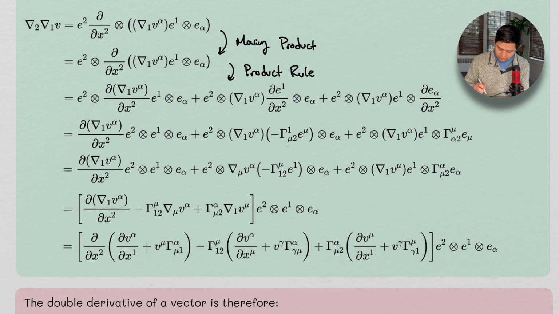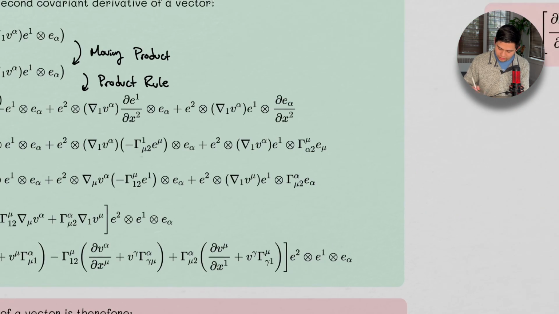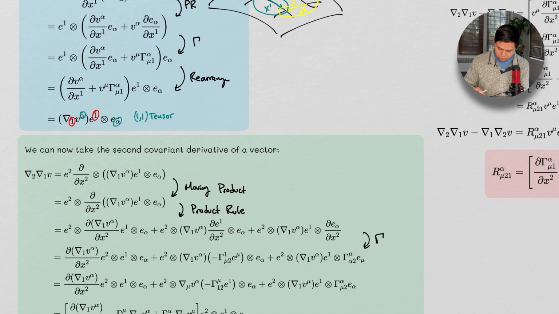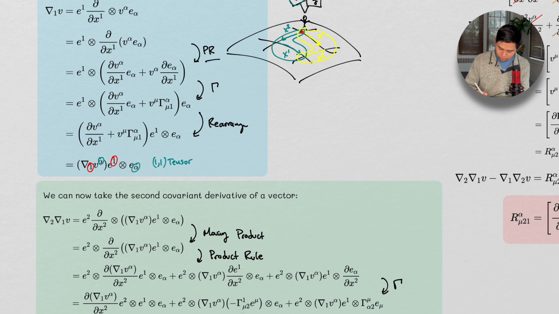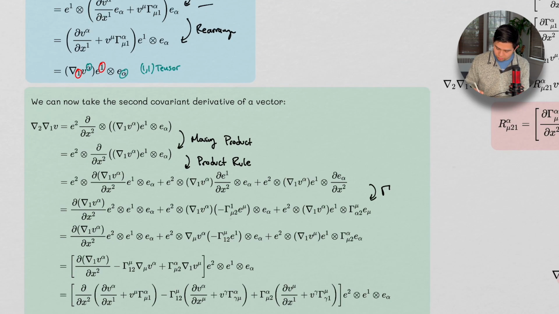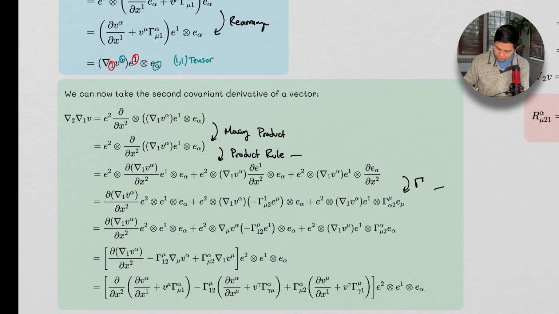All right, and then from the product rule, we can see we are defining again our Christoffel symbols. So you could sort of see a pattern here. We have product rule, define Christoffel symbols. Product rule, define Christoffel symbols.